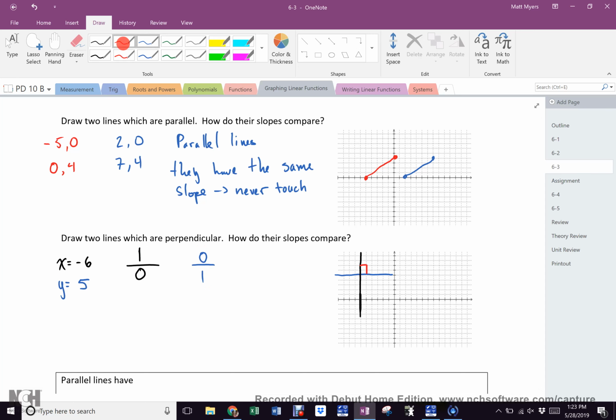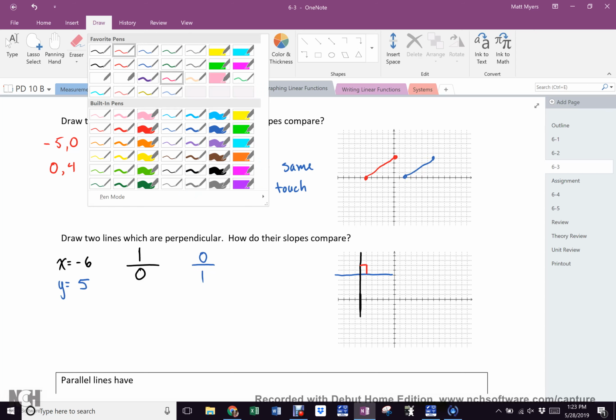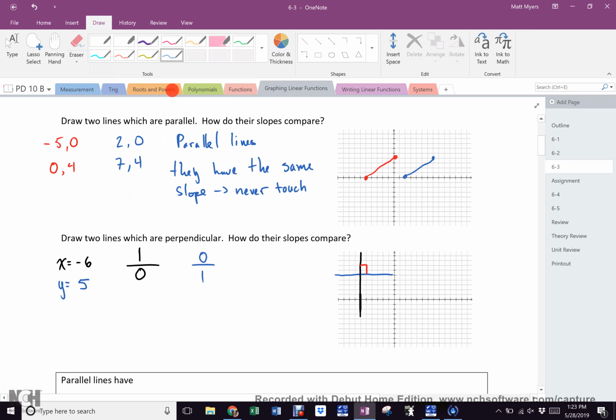All right, now, everybody draw this blue line again. I'm going to use a different color, though. It was, what was it? 2, 0 to 7, 4. Everybody cool?